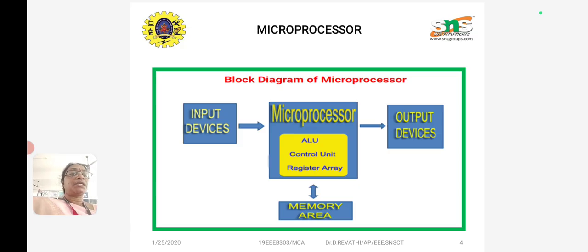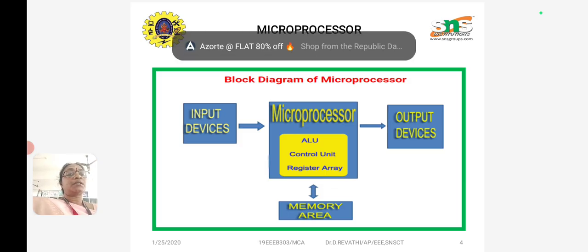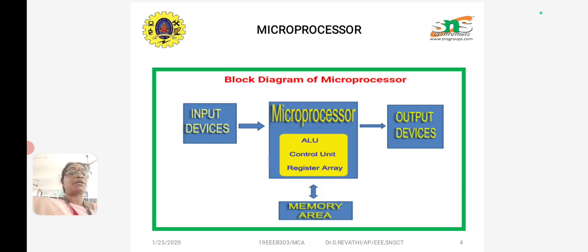RAM is read-write memory, also called user memory, and ROM is read-only memory, where normally only the manufacturer writes the program into the ROM. Types of RAM are static RAM and dynamic RAM, and types of ROM are PROM, EPROM, EAPROM.